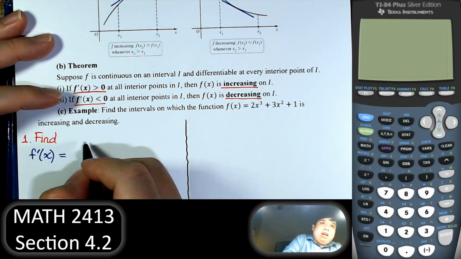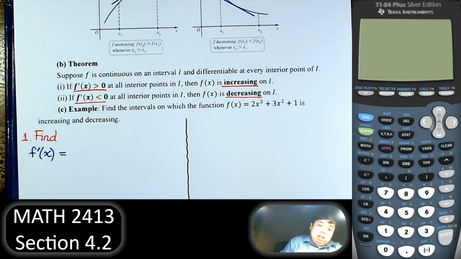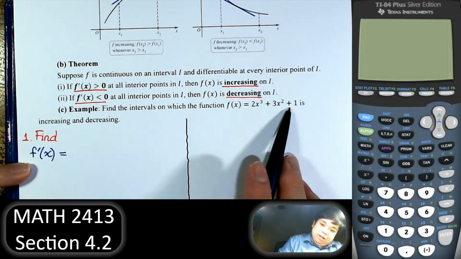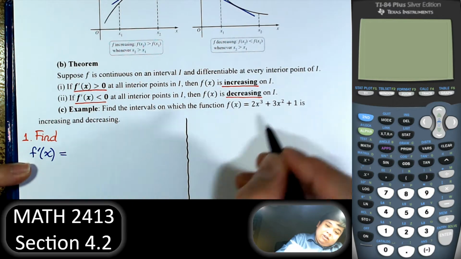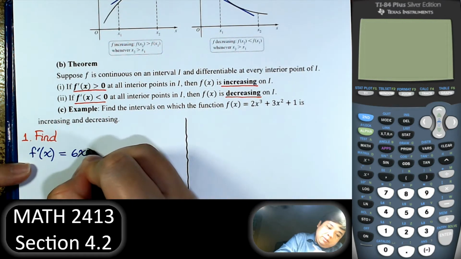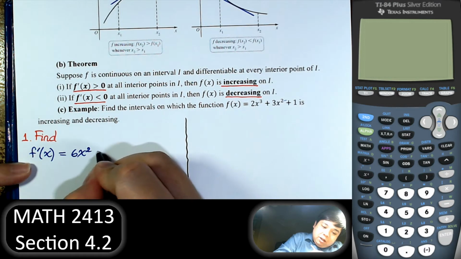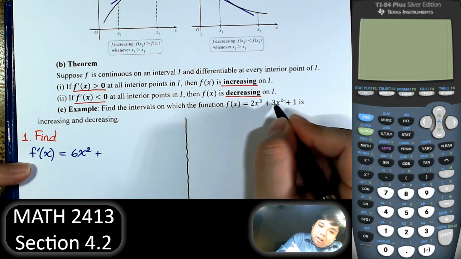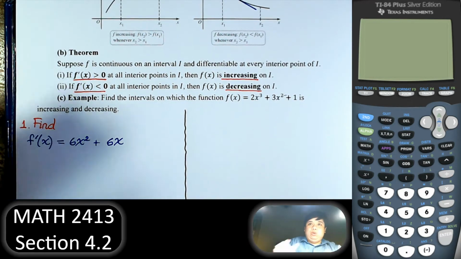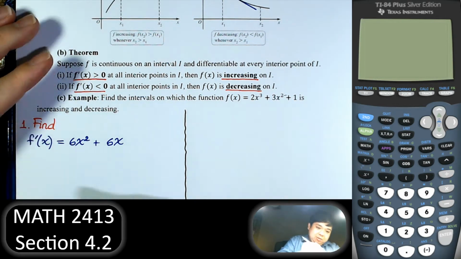The derivative of that gives us 6x squared plus 6x.